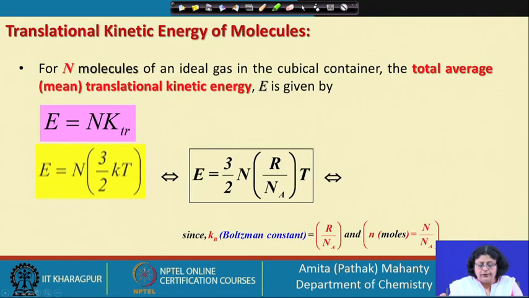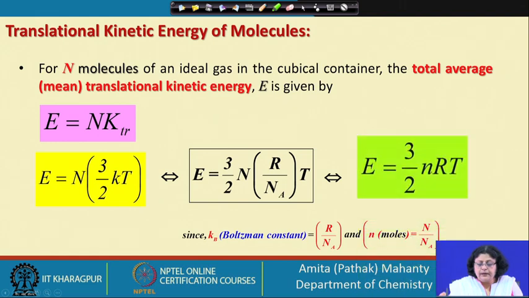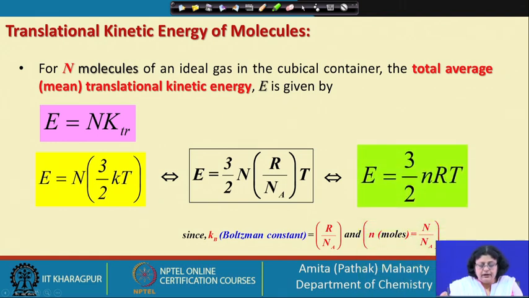For n number of molecules in a cubic container of volume V, if K is the average kinetic energy of one molecule, then for n molecules the total energy will be n into K, and this K expression we are replacing by 3 by 2 kT. k is the Boltzmann constant.